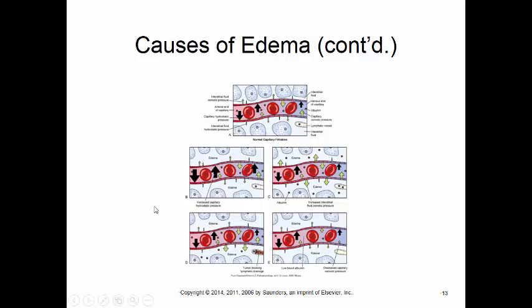Then the last one is a blockage of the lymphatic vessels. The lymphatic vessels draw extra fluid out of the interstitial fluid, and because there's always a net flow from the capillary into the interstitial fluid, if the lymphatic vessel gets blocked due to maybe a tumor or a parasite, this can cause extreme edema in that tissue, because the fluid constantly goes out into the tissue.